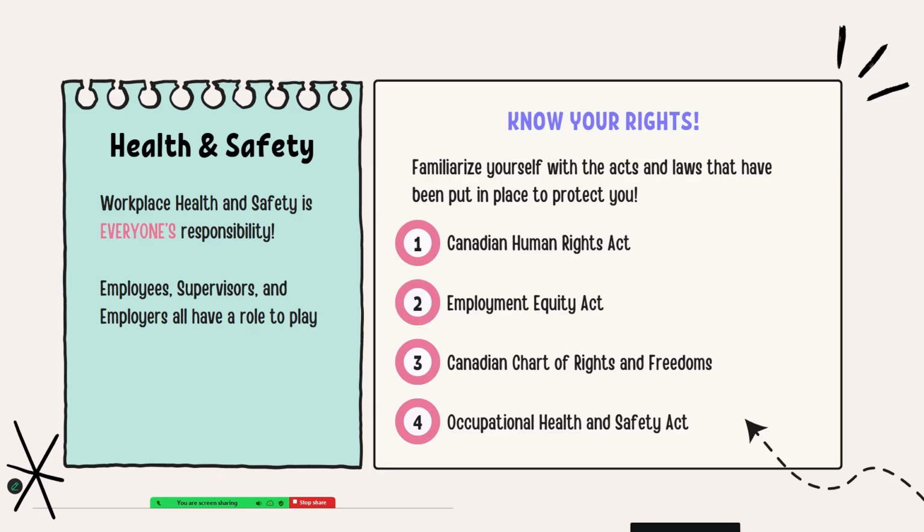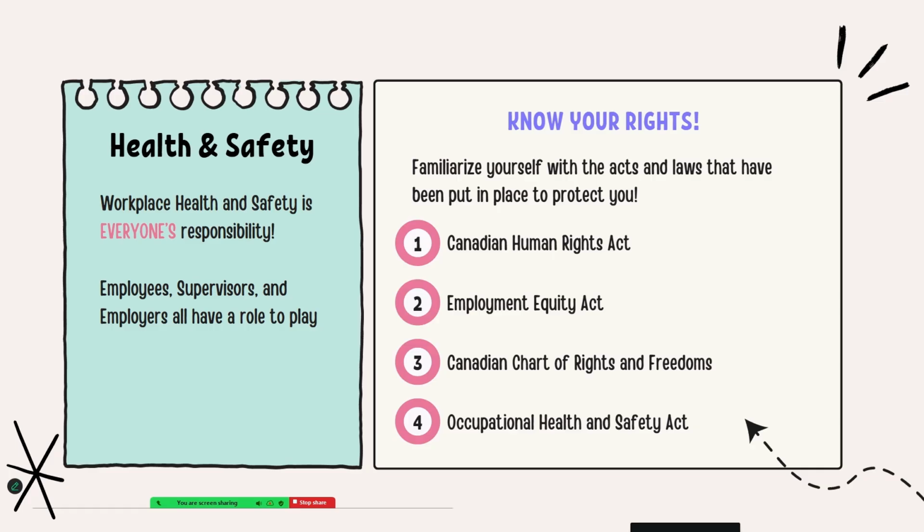When we wrap up health and safety, it's important to keep in mind that safety is everyone's responsibility. Employees, supervisors, and employers all have a role to play. It's also important that you know your rights. Familiarize yourself with the acts and laws that have been put in place to protect you. The Canadian Human Rights Act, the Employment Equity Act, the Canadian Charter of Rights and Freedoms, and the Occupational Health and Safety Act.